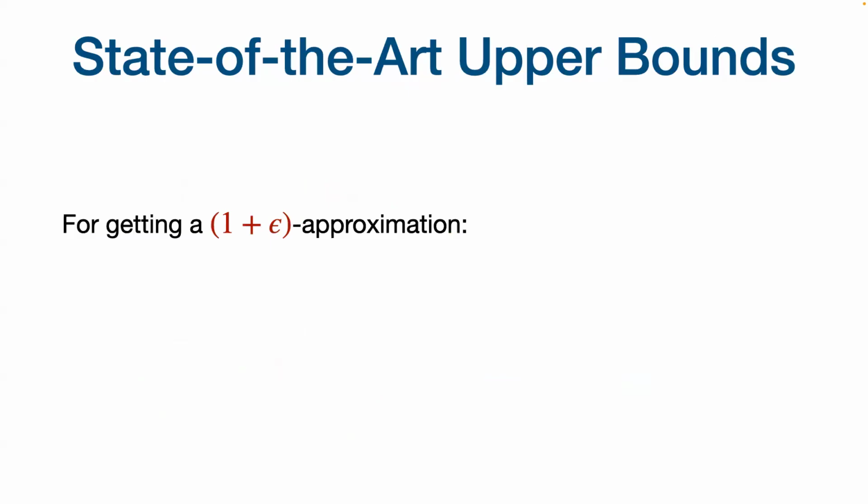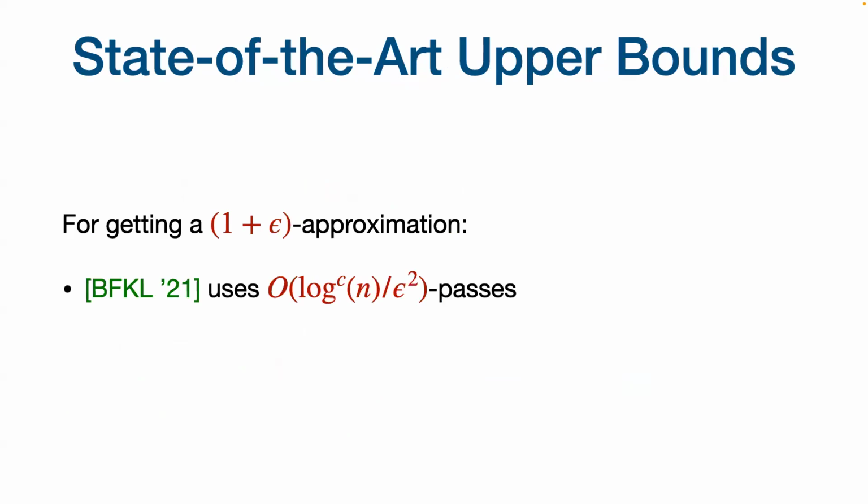So for getting a 1 plus epsilon approximation, we're trying to focus on the number of passes you need to do this. Okay. So before this work, we knew that you can actually do it in polylog over epsilon square passes. This is from Becker et al. This log is just some large unspecified constant. They don't explicitly keep track of it. The epsilon dependence was more important for them.